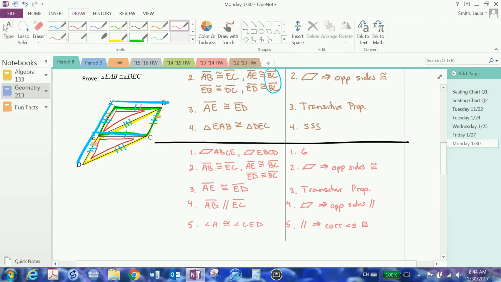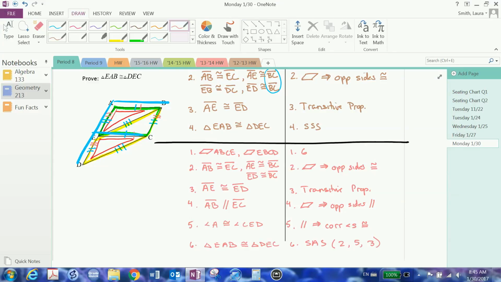I need AE congruent to ED. All right, so now I have it. Now I have side, angle, side. So triangle EAB, congruent to triangle DEC, by side, angle, side.